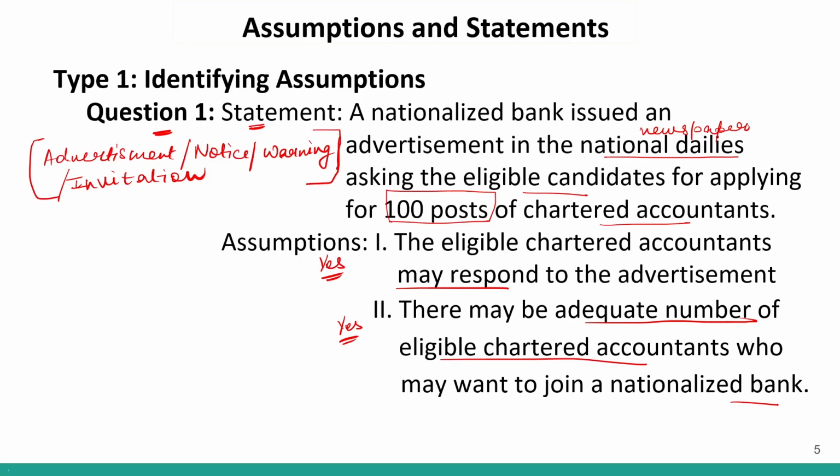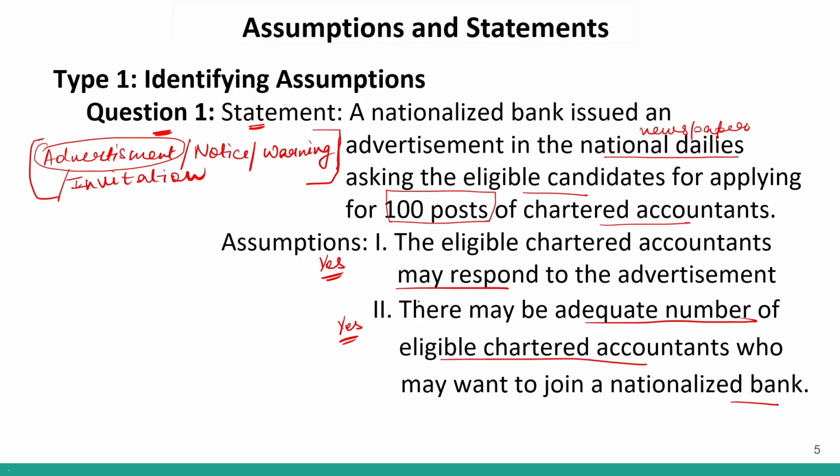So we may assume that we have an adequate number of people who would want to join a nationalized bank. That is the entire reason we are giving out an advertisement. So both the assumptions are implicit in nature.